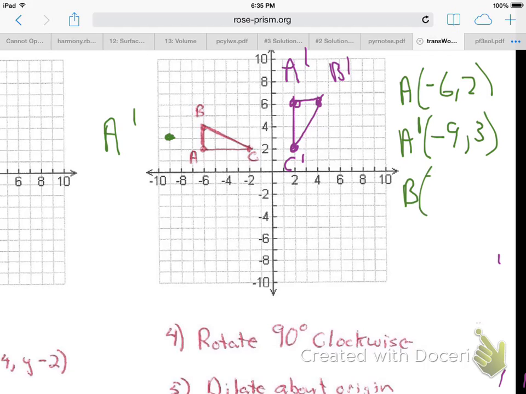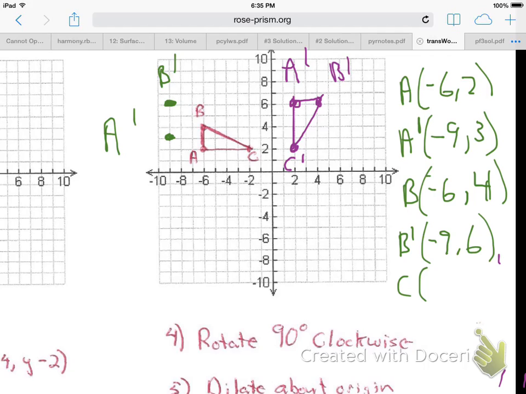My current B is at -6, 4. So that means that my B prime, if I multiply each of those by 1.5, will be -9, 6. So -9 and then up 6 puts it there. And C prime.